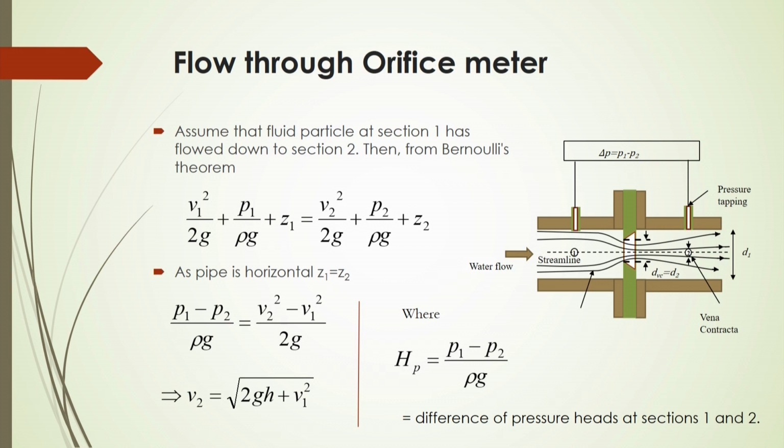Now, assuming that the fluid particle at section 1 has flowed down to section 2, if we apply Bernoulli's theorem, we can say that V1 squared by 2g plus P1 by rho g plus Z1 will be equal to V2 squared by 2g plus P2 by rho g plus Z2.